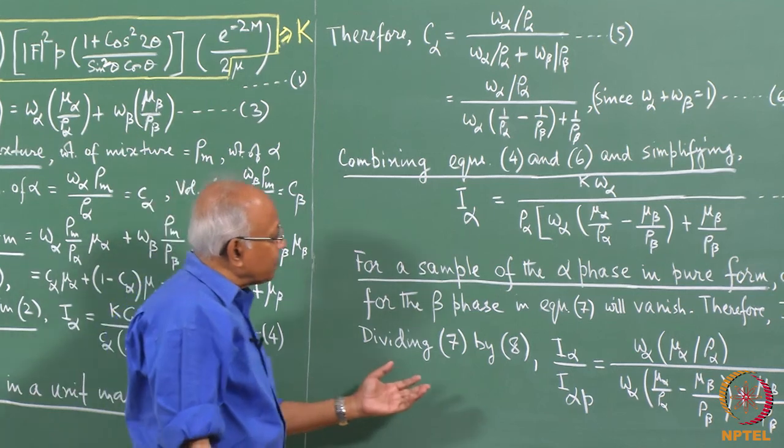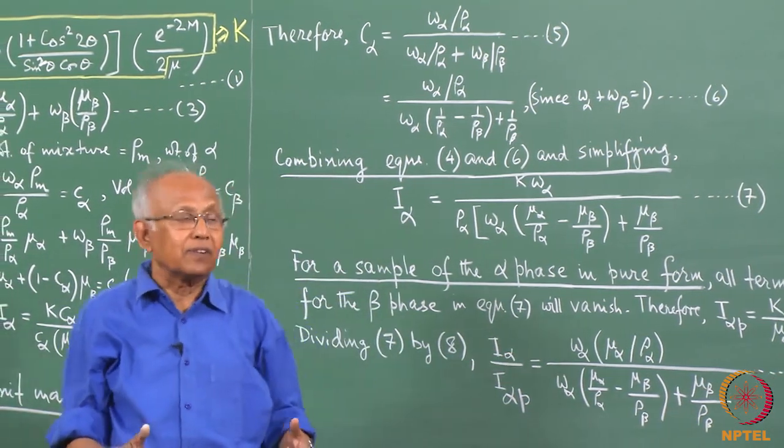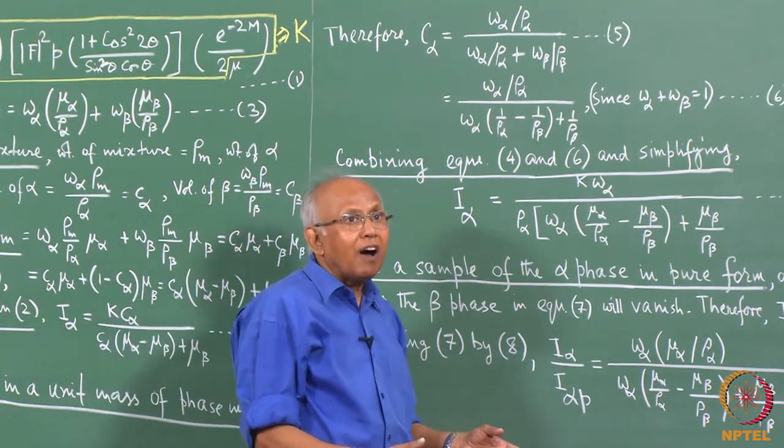And once you know the weight fraction of alpha, if the mixture contains only the two phases alpha and beta, the weight fraction of beta can also be found out.